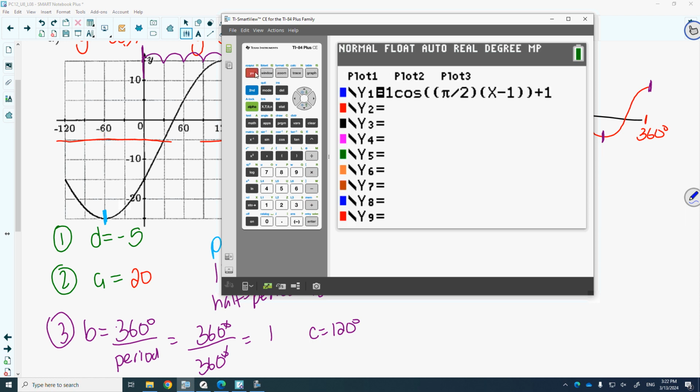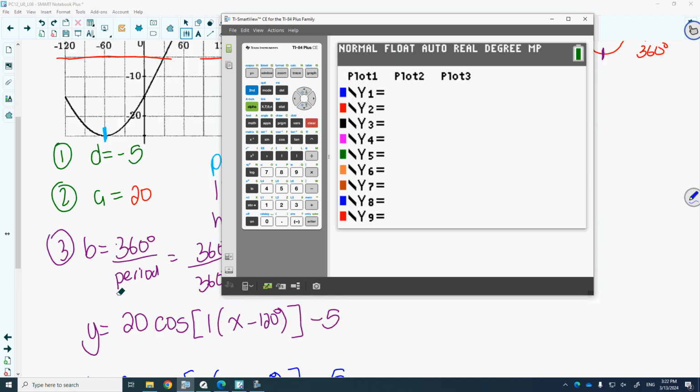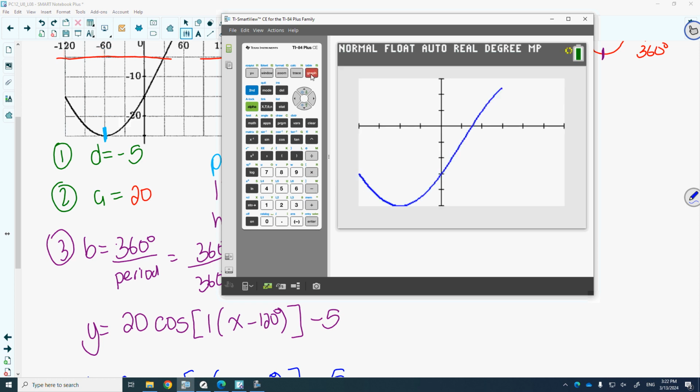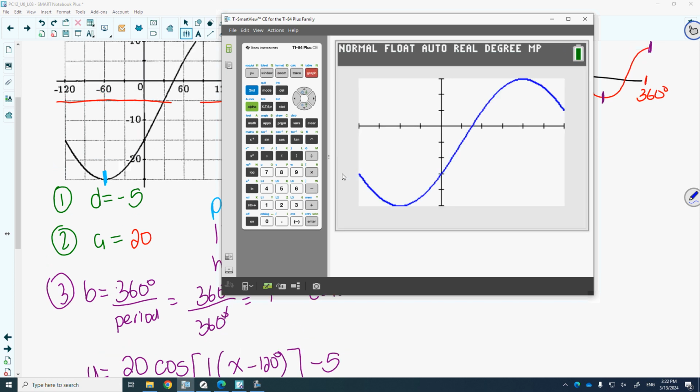Okay, so watch what happens when I type in the first equation. 20 cosine. Now again, I don't need the 1, right? So I could just do x minus 120, but that's my phase shift, and then minus 5. That gives me this graph.